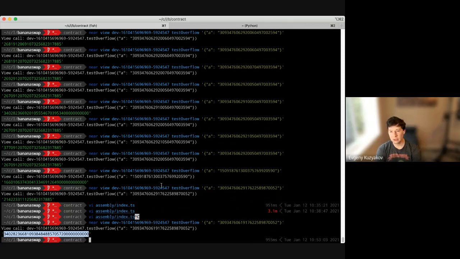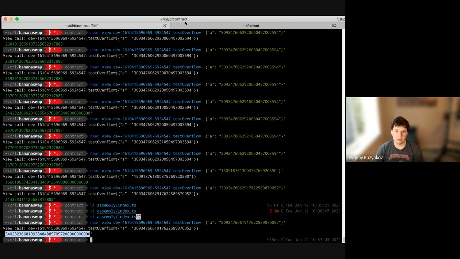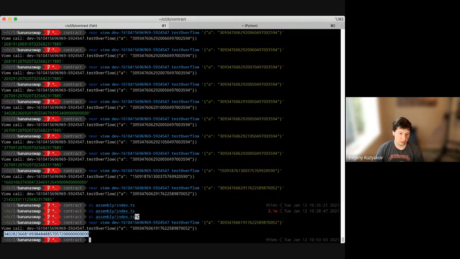Then you can execute this attack right now and take about 82 NEAR from this account by draining all the liquid NEAR balance and pay something like 200 bananas.